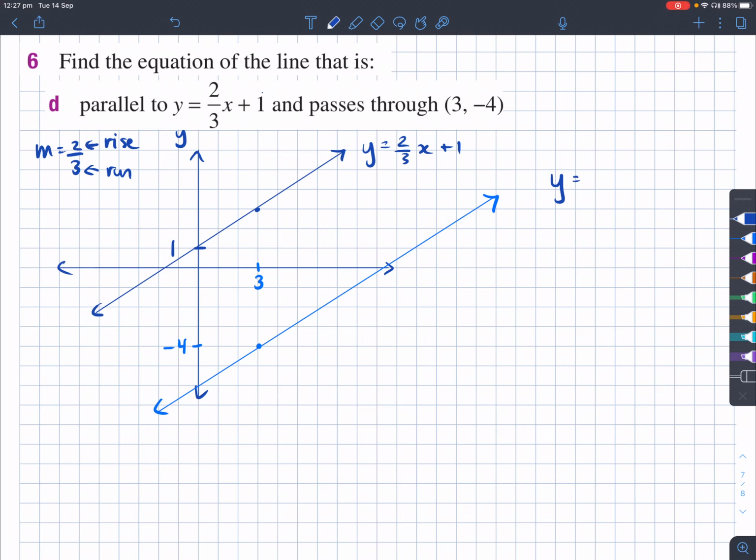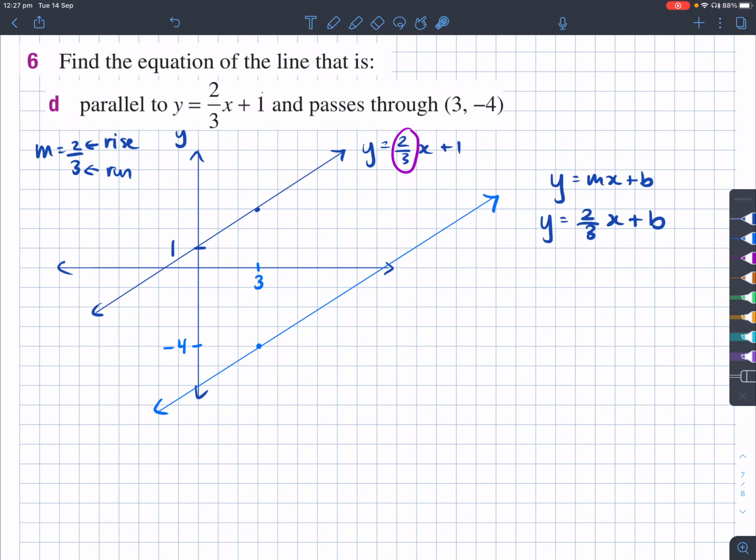So y would equal mx plus b, but if it has the same gradient due to the fact that it's parallel, then it will contain the gradient of 2/3. So I replace m by 2/3 like that. And now all I need to find out is what b is.